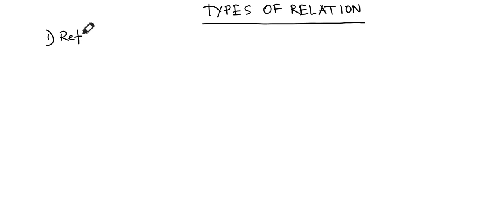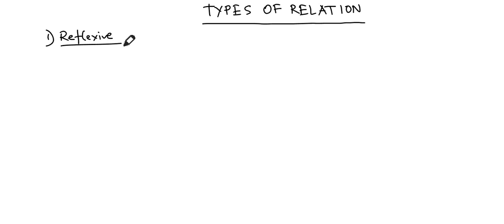The first one is reflexive, the second one is symmetric, and the third one is transitive. So first we start with the reflexive relation.